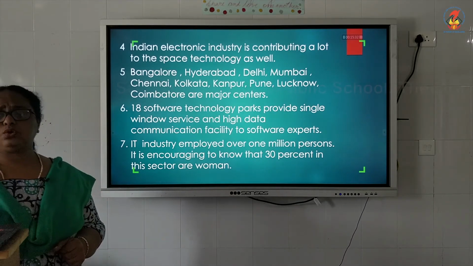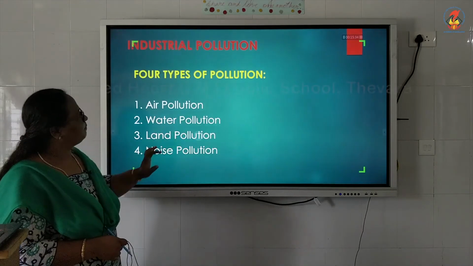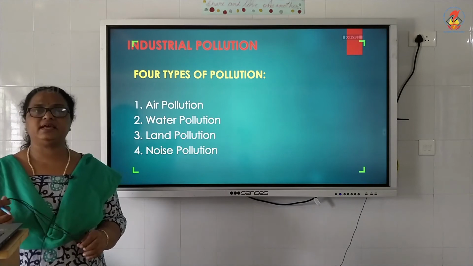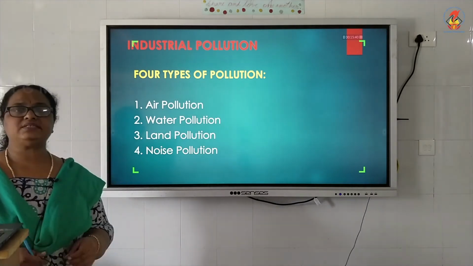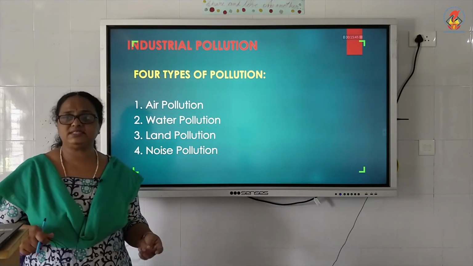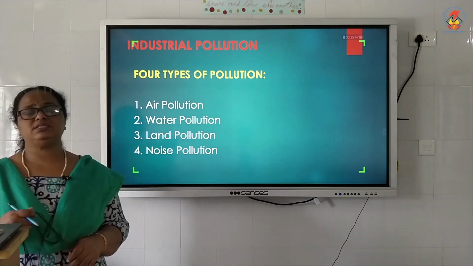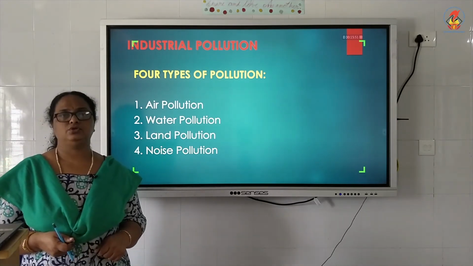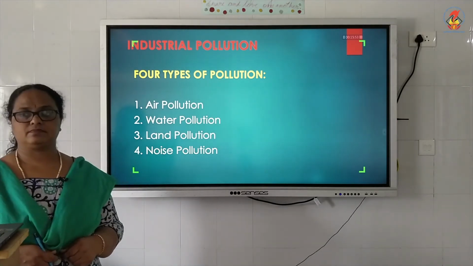Then next we shall go to industrial pollution. Now we understand that though industry is important in all respects, industry is causing a lot of pollution to our environment.